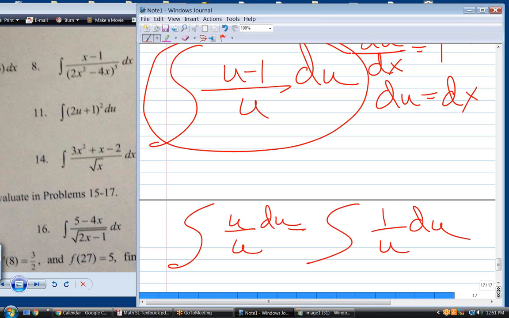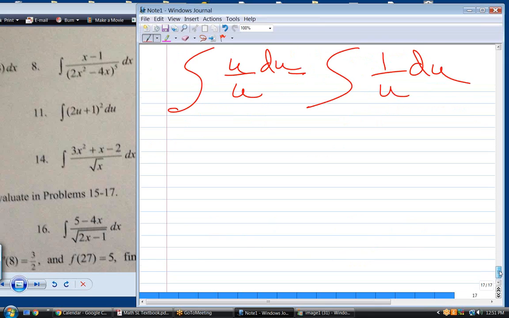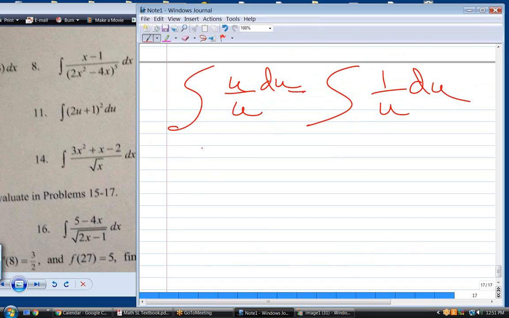In other words, the beauty of integrals and derivatives is the integral of the sum is the sum of the integral. Well, once I've turned this into two integrals, now I have the integral of just du minus the integral of u to the minus 1 du.